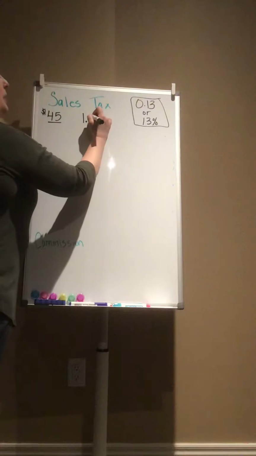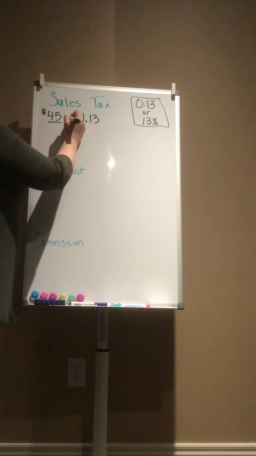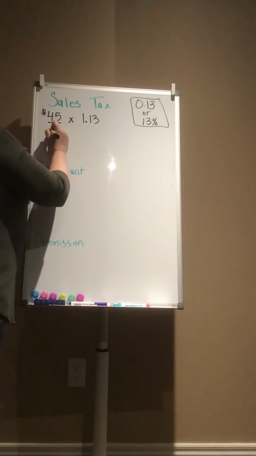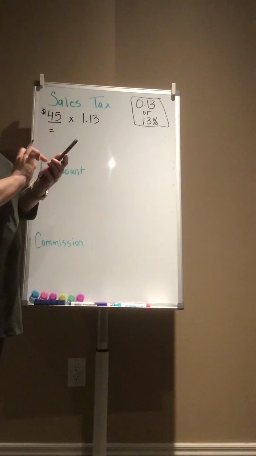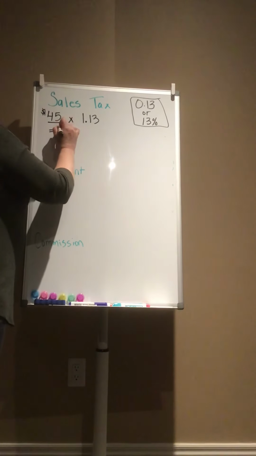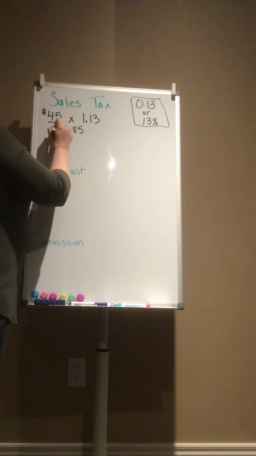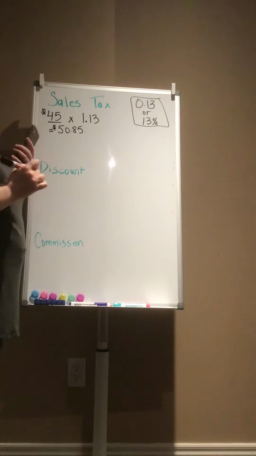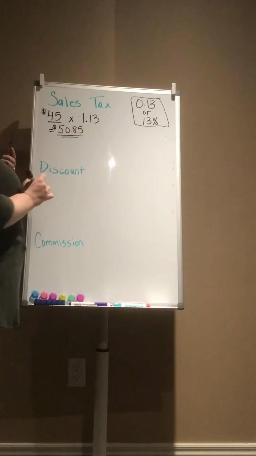Then I'm going to add in that decimal, which is 0.13, and I can just multiply these two things together. So 45 times 1.13 means I will pay $50.85 for the item I'm buying. This will be a total price.